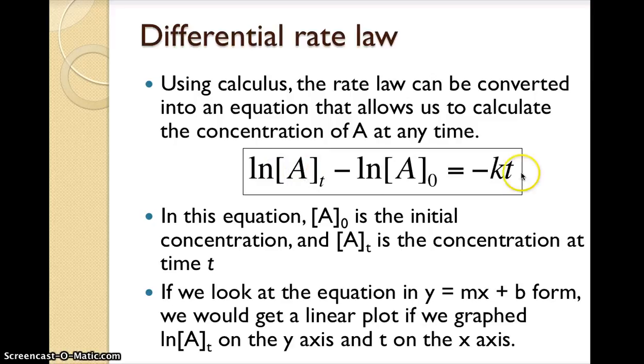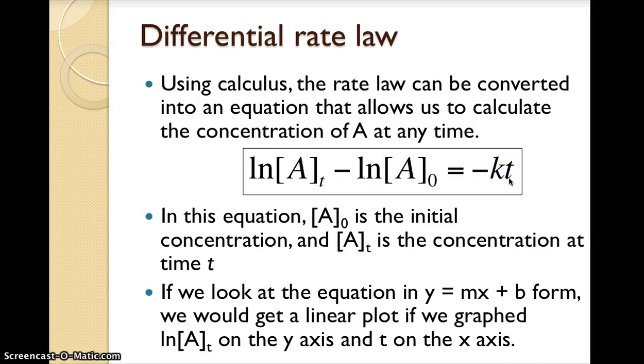So say at 5 seconds, if you plugged in 5 seconds for the t, this would be whatever the concentration was for A at that time. So the natural log of A at that time minus the natural log of the concentration of A initially. This little sub-zero means what the concentration started as, equals negative k, k is the constant, times t.